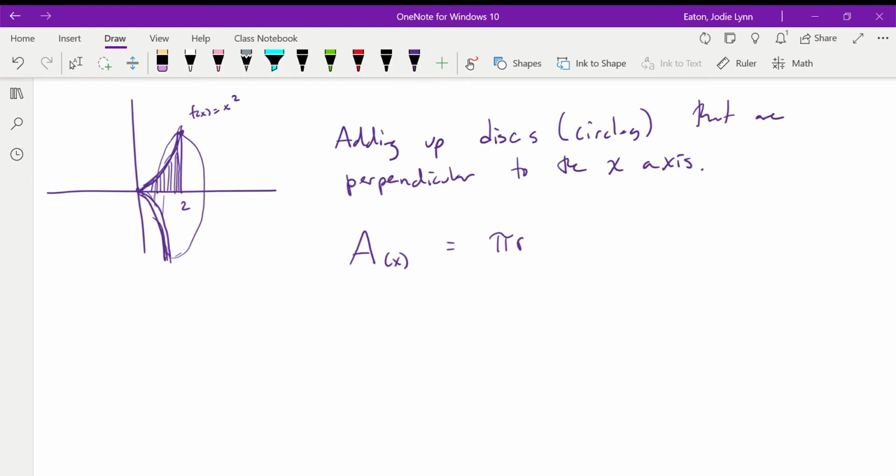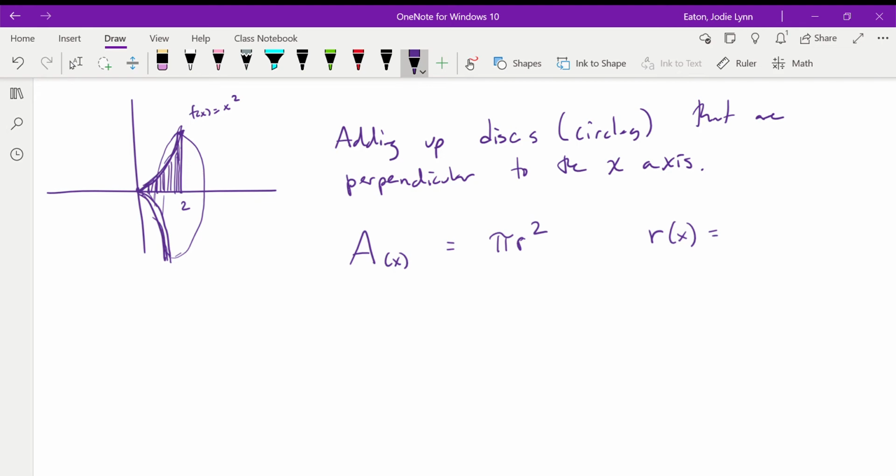And the working-it-out part that you have to do here is figure out what is our r in terms of x. How can we write r as a function of x? Well, r is the distance between the x-axis and the function f of x equals x squared. So it would be that distance here, here, here. That's always going to be the radius of the circle that's formed when we rotate that function around the x-axis, and create circles that are perpendicular to the x-axis.